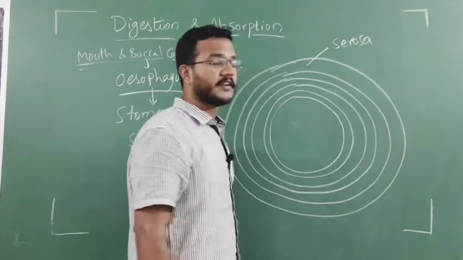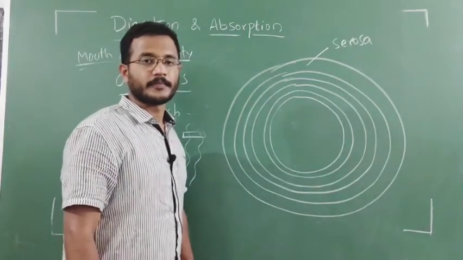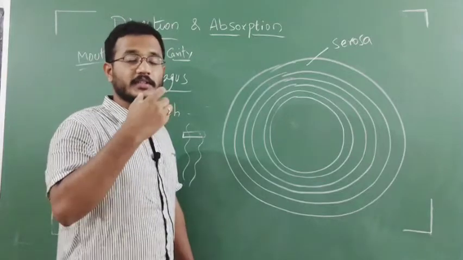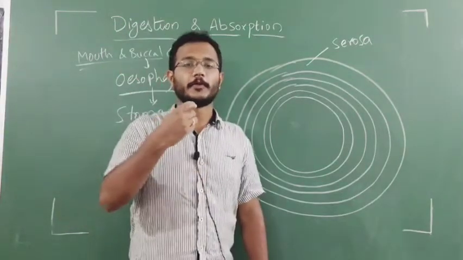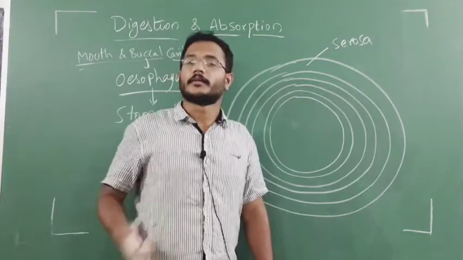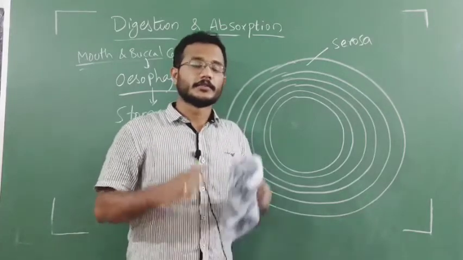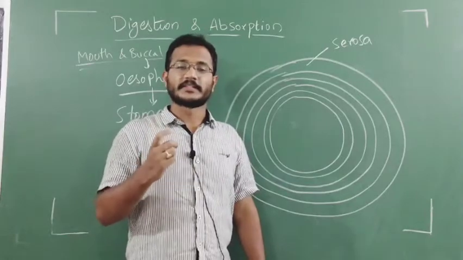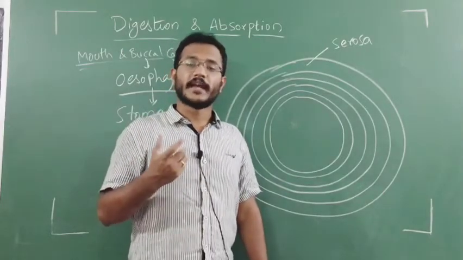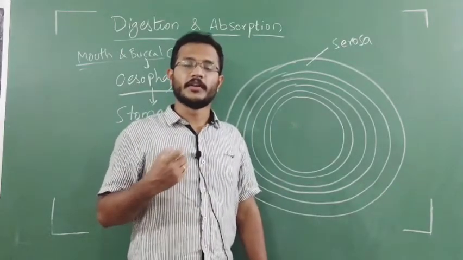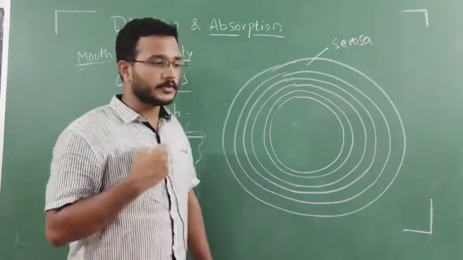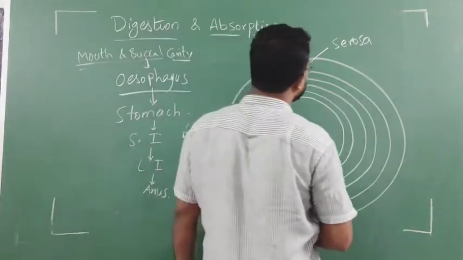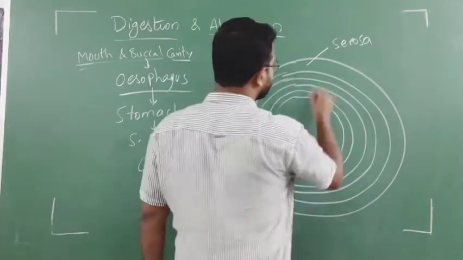Serosa contains different muscles, because the alimentary canal has to make movements. If it did not move, the food from the esophagus would not enter the other regions. These movements help the passage of food from one region to another. So for the movement purpose, we need muscles, and that's why the outer region contains muscles.